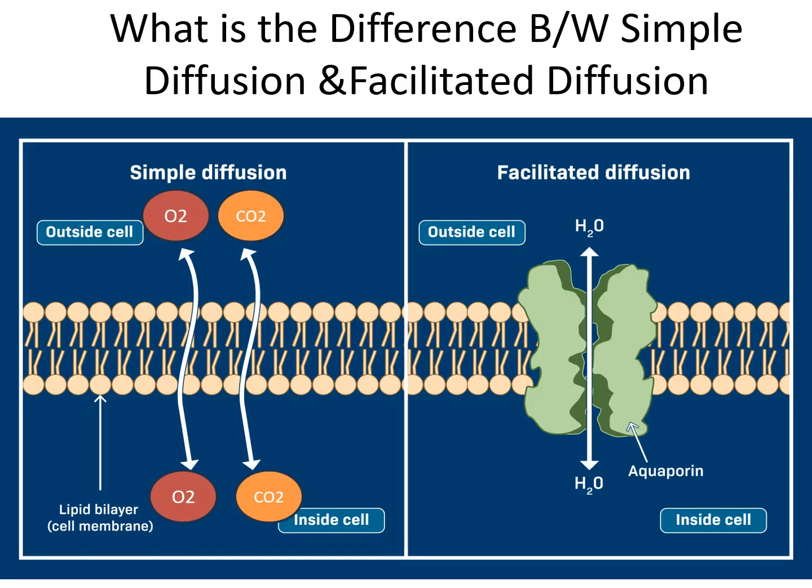And what is the difference between simple diffusion and facilitated diffusion? Simple diffusion does not require any channel or carrier protein. However, facilitated diffusion requires a carrier or a channel protein to transport molecules from one side of the membrane to the other side.